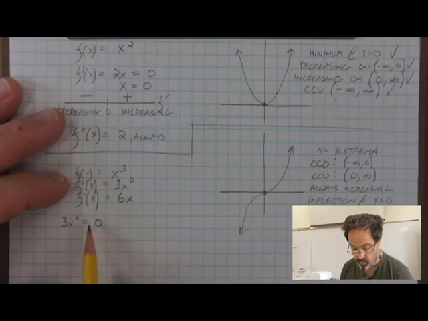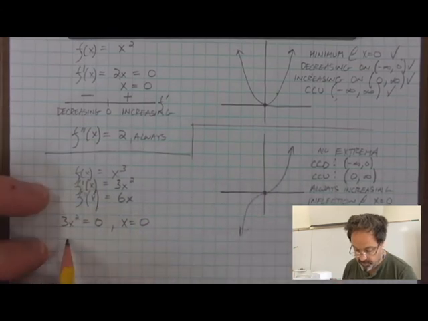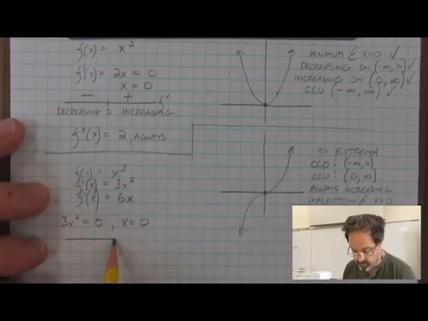I want to know what, if any, values of x make the derivative 0. And if I solve this for x by dividing by 3 and then square rooting, I can see that when x is 0, the derivative is 0. Just like the parabola, I do have a critical point at 0.